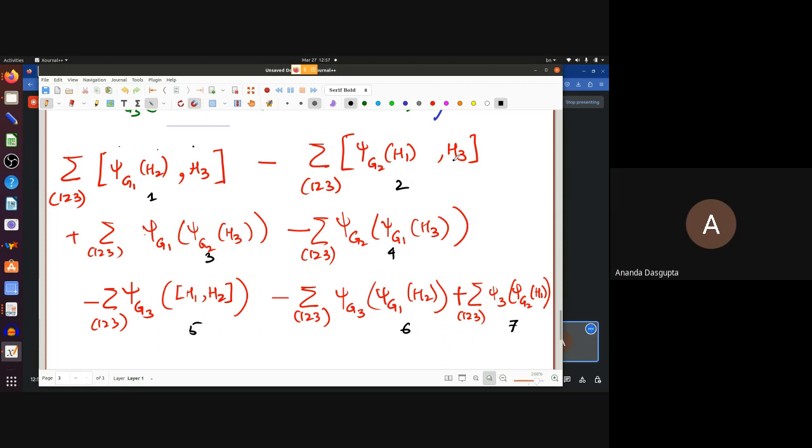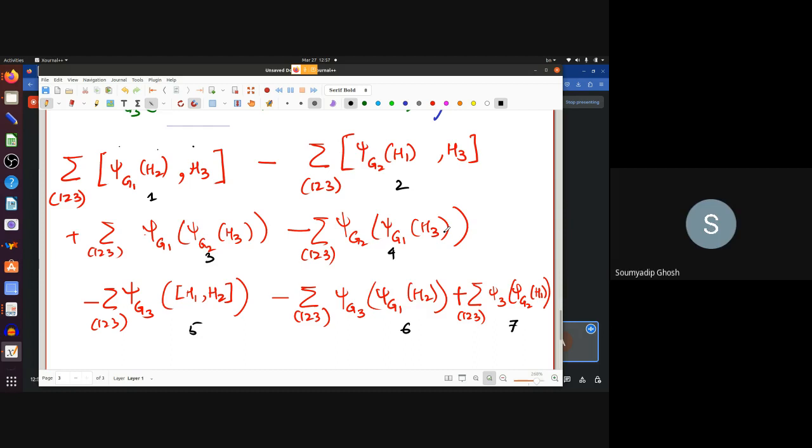Here you have 2, 1, 3, not the cyclic order, an anti-cyclic order. And each of these 3 terms here are different from the 3 terms here. They will not cancel. And 3 and 4, exactly the same thing. Both have the same structure. So that's why you thought maybe they would cancel, but they won't. The G1, G2, H3 will never give a G1, G2, H3. This will give a G2, G1, H3. That doesn't cancel.